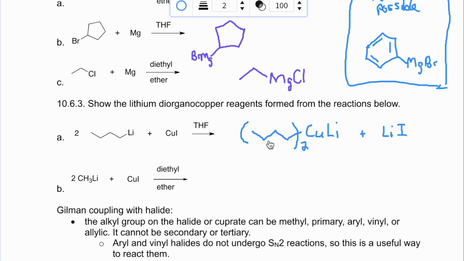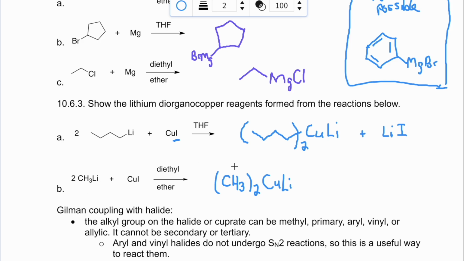The Gilman reagent has 2 of the alkyl groups on the copper. So we have a copper with a +1 charge, lithium with a +1 charge, and 2 of the carbon pieces, each of which has a -1 charge. The other lithium atom ends up with the iodide that came in on the copper.